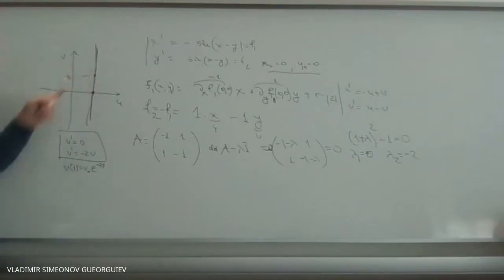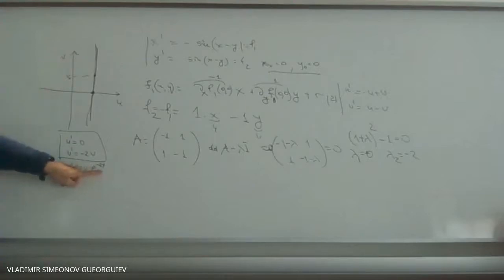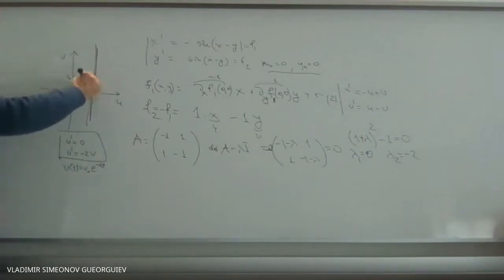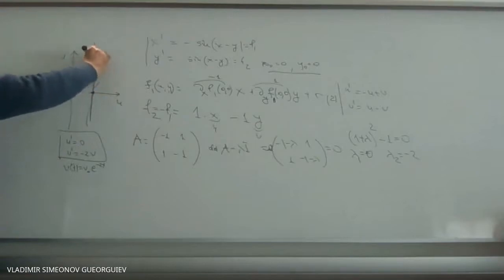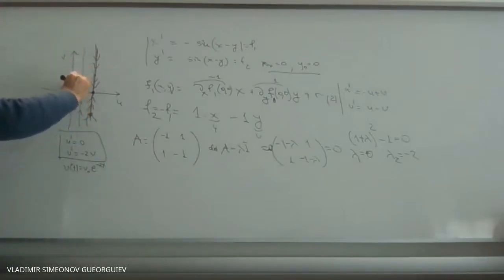If I take v0 here, then we shall go down because when t goes to plus infinity, this guy goes to 0. Therefore, from here, I have to put the arrows in this direction. And if I start with v0 negative, everything changes. We have this, this, this. And you see how degenerate is our picture.